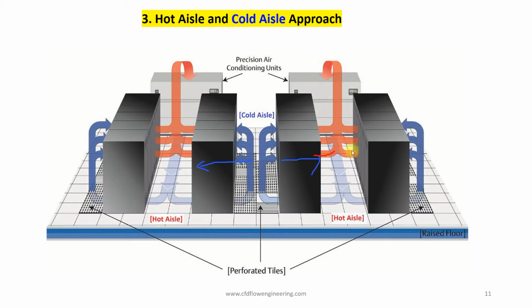It gets heated, and the hot air collected between two racks is called the hot aisle compartment. Then this hot air is sucked into the precision air conditioning unit. A large data center consists of a large number of hot aisle and cold aisle units.